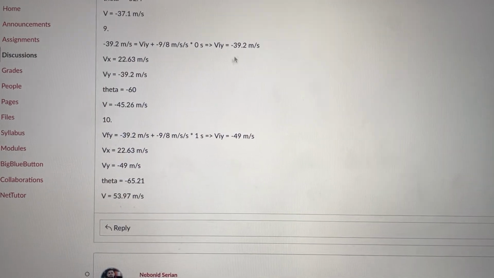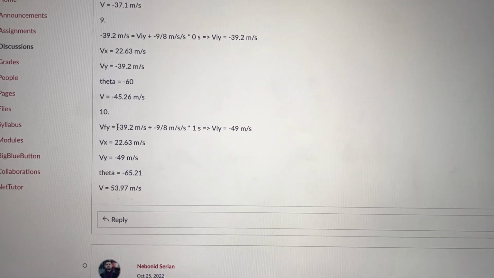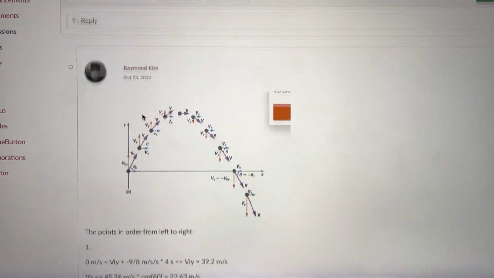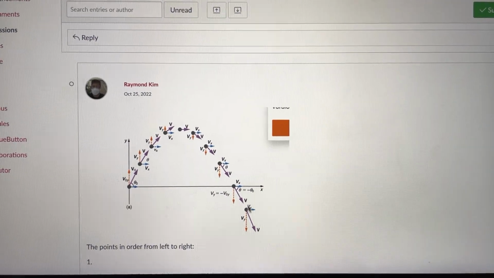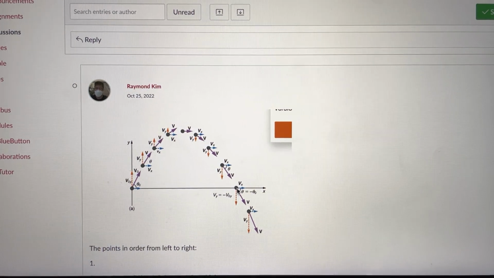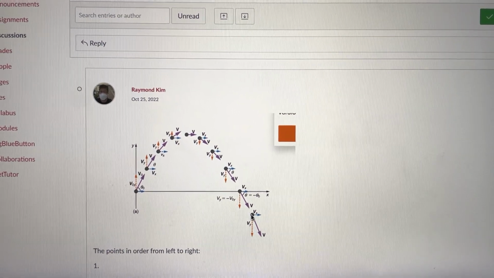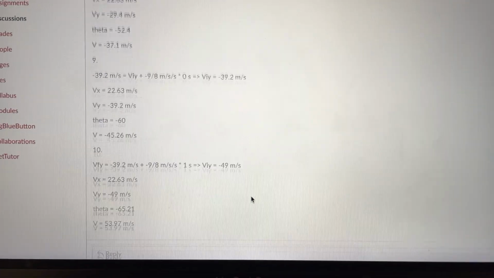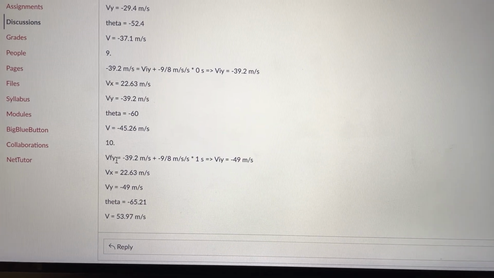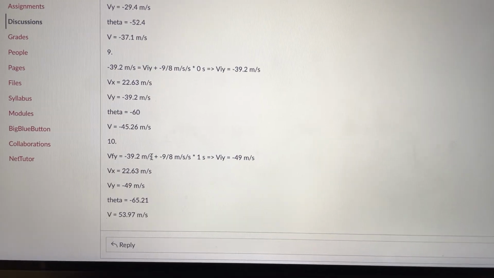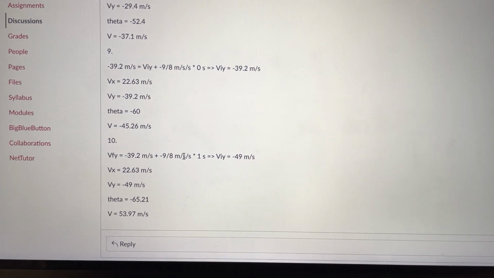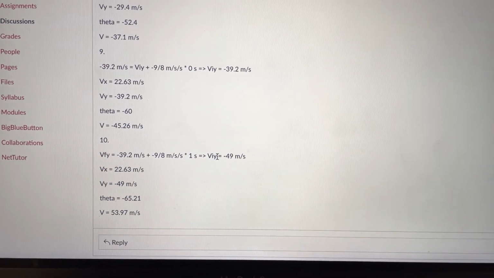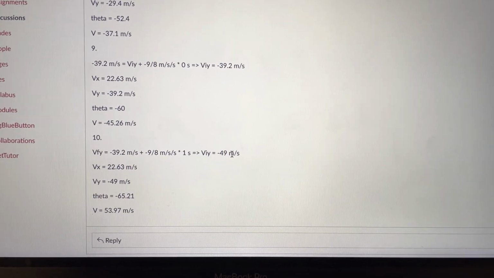But for this final point, I have the initial velocity, and I wanted to find the final velocity here. So I don't know the final velocity, but I have the initial plus negative 9.8 meters per second squared times 1 second, because it's only one increment down, and that gives me the final velocity of negative 49 meters per second.